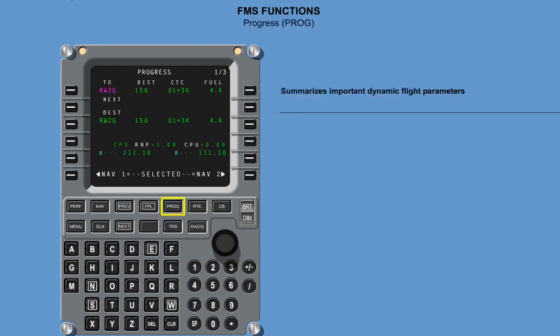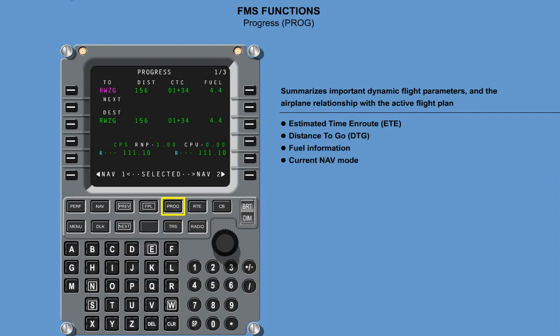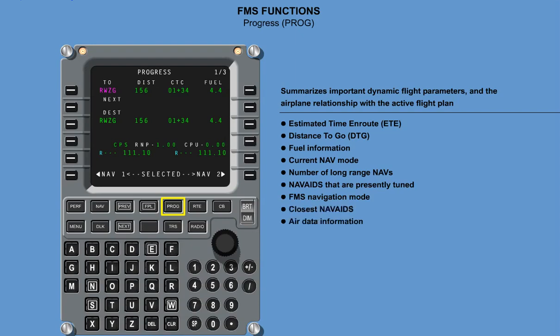This function summarizes important dynamic flight parameters and the airplane relationship with the active flight plan, such as estimated time en route, distance to go, fuel information, current nav mode, number of long-range navs used, nav aids that are presently tuned, FMS navigation mode, closest nav aids, and air data information, current speed, altitude, and temperature.